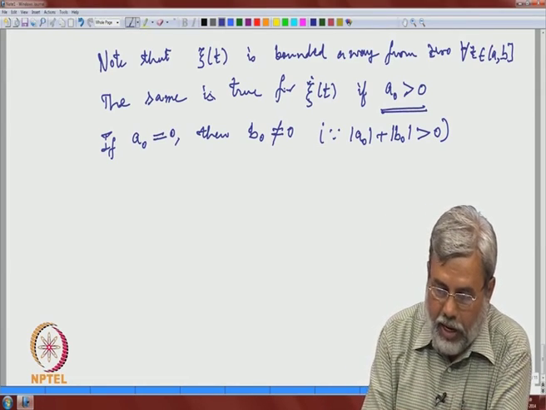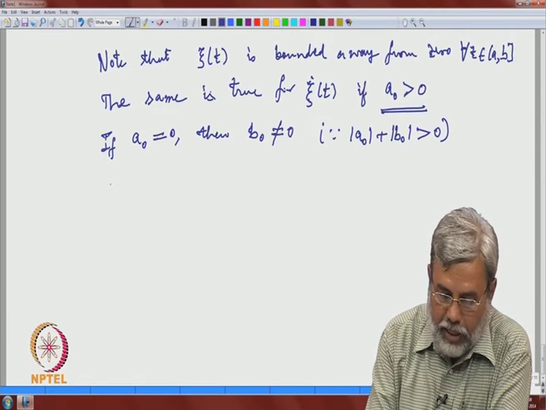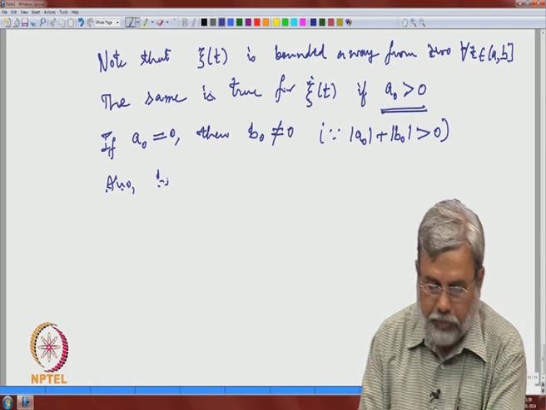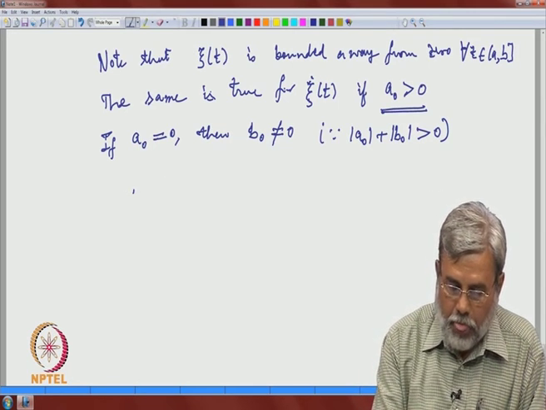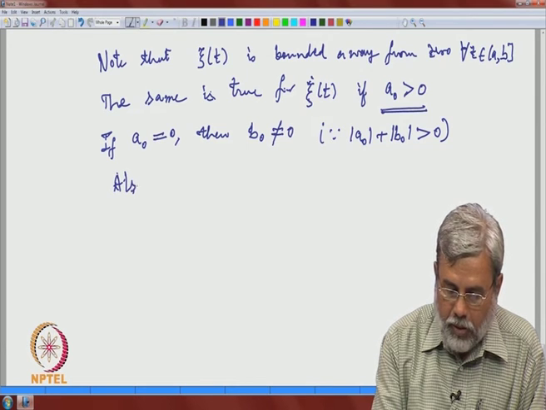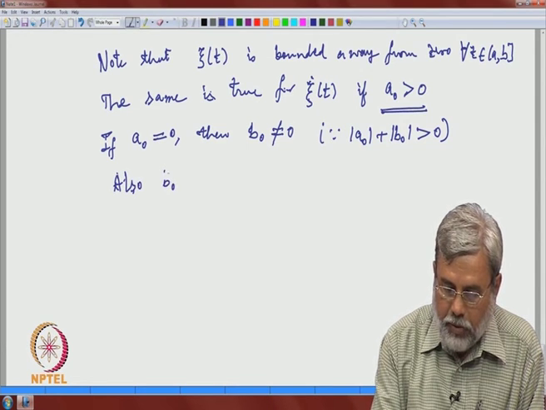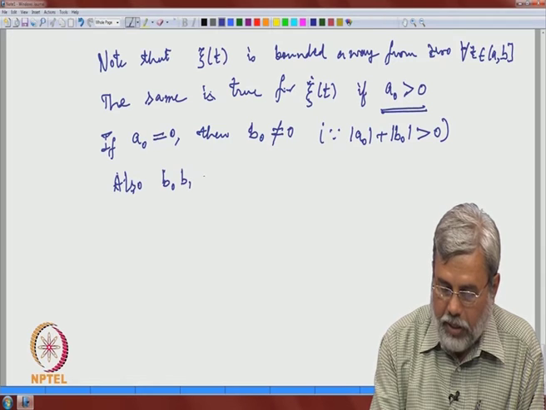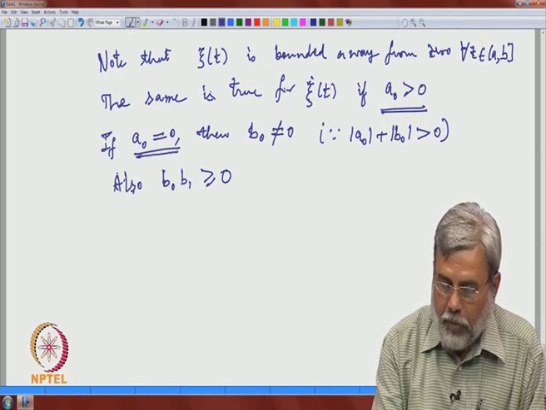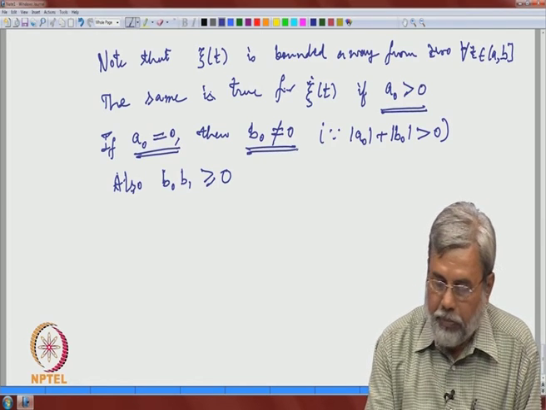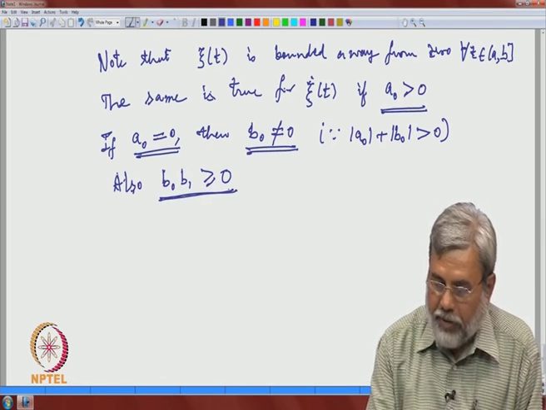And also B0 and B1 have the same sign. If A0 is 0, B0 is not 0 and B0 and B1 have the same sign.